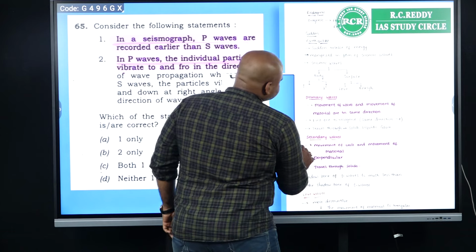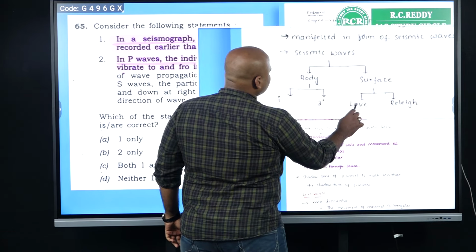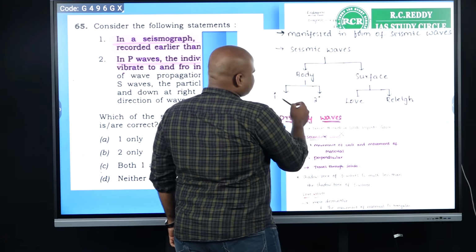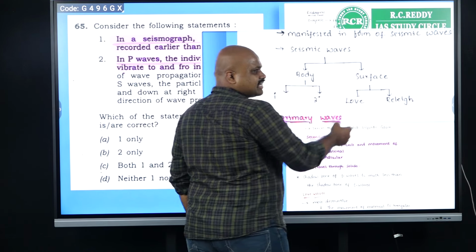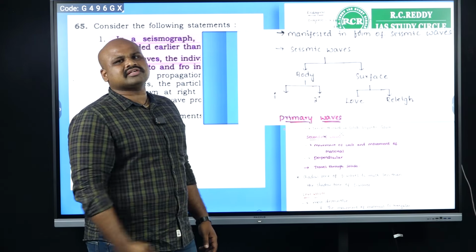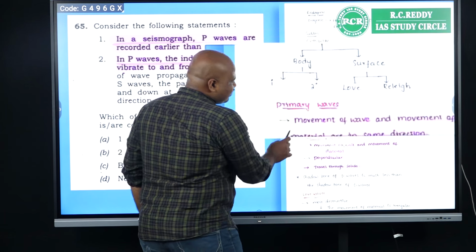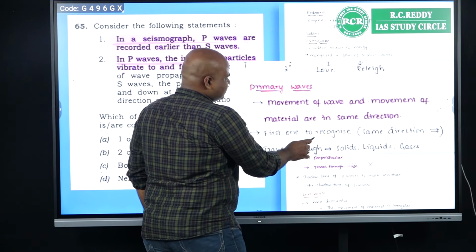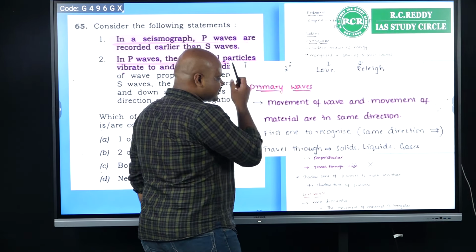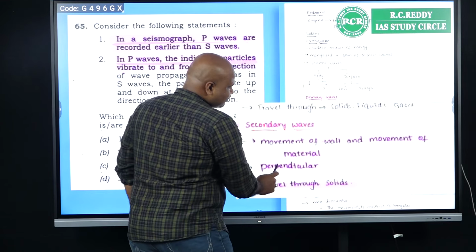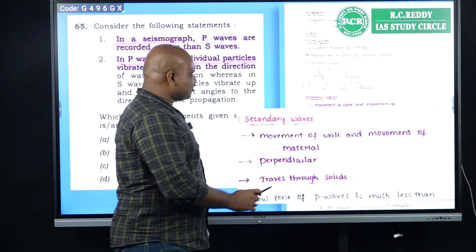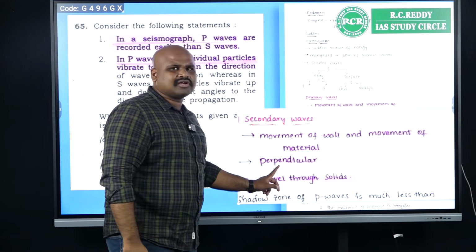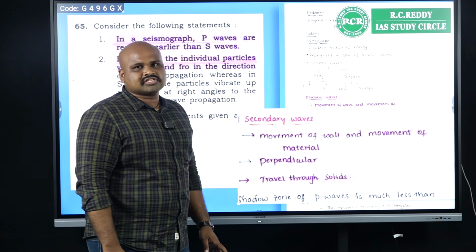This is the order of the waves: primary, secondary, Love waves and Rayleigh waves. PSLR was the mnemonic given in the class. Again we see the movement of the wave and the movement of the material are in the same direction, that is, to and fro. And in the S wave, the movement of the wave and the movement of the material are perpendicular, which is the statement it is talking about.